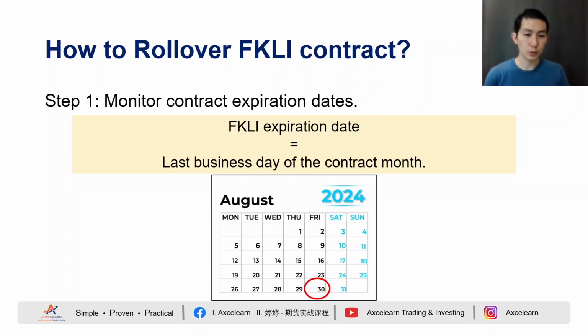Traders usually roll over when the liquidity starts shifting from the current contract to the next month's contract, and this typically happens a few days before expiration, as most traders begin trading the new contract. So for example, in the case of August, you can roll over during the last business day of August, which is 30th of August, or a few days before this date.